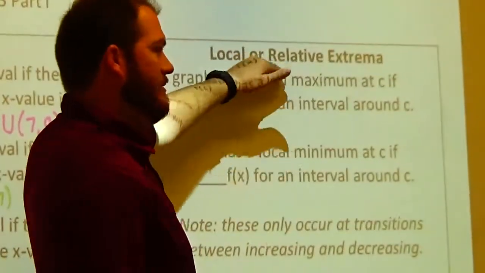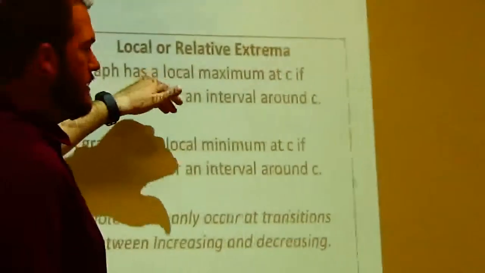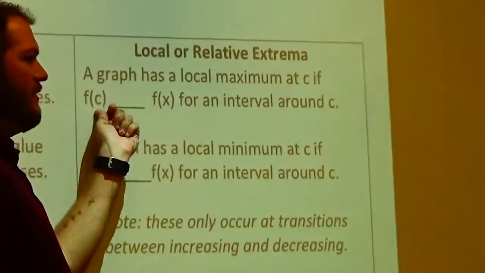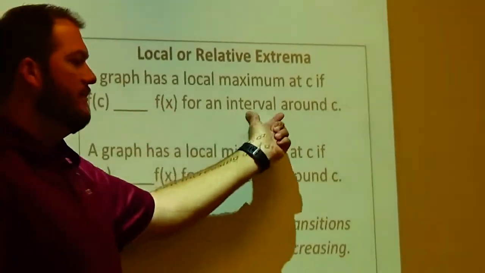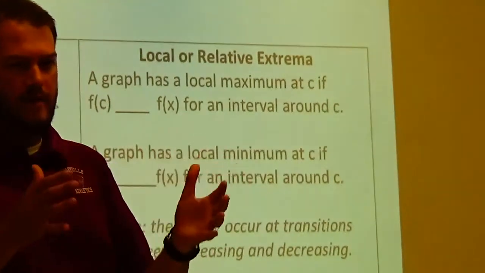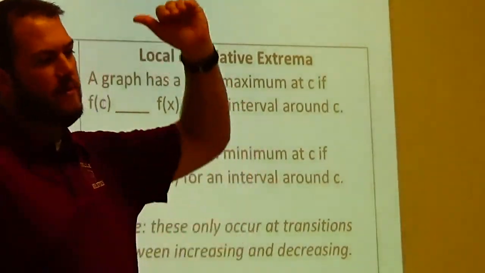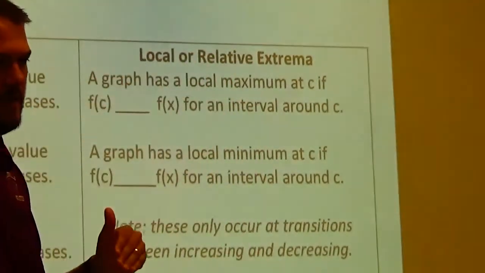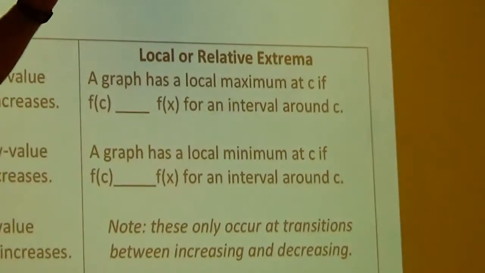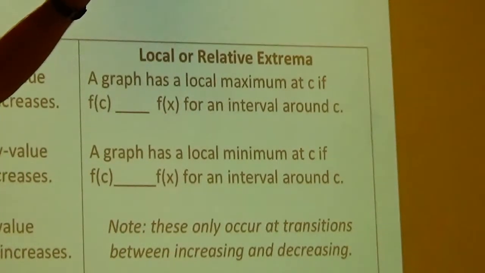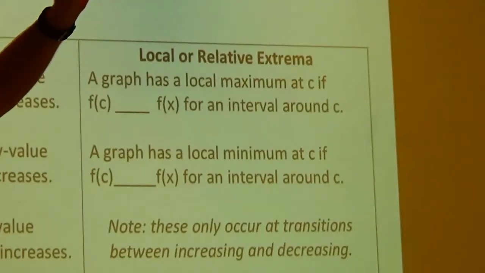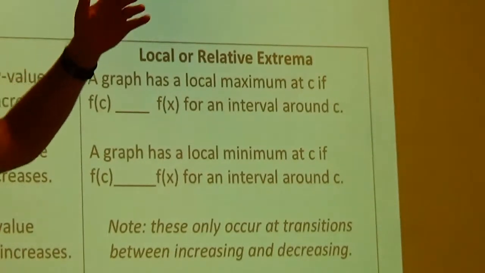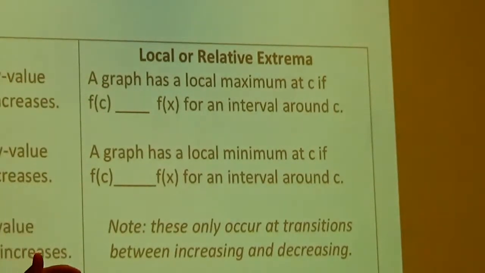So a local maximum is at some point if the y value at that point is the highest in the interval around that. So it's not saying the highest point for the whole graph or the lowest point for the whole graph. If it's like a mountaintop or a peak in the graph, it's a local maximum. If it's like a valley, it's a local minimum.